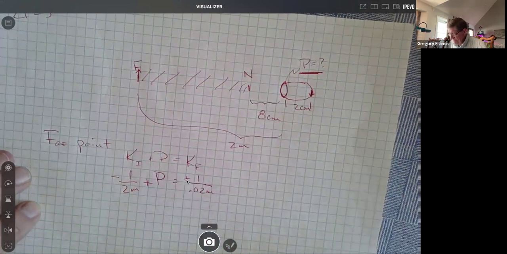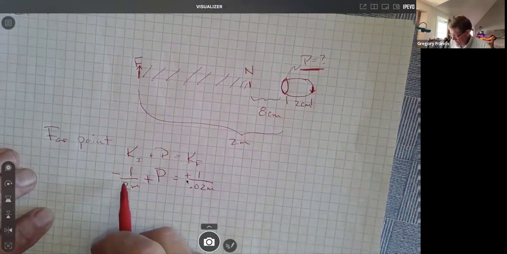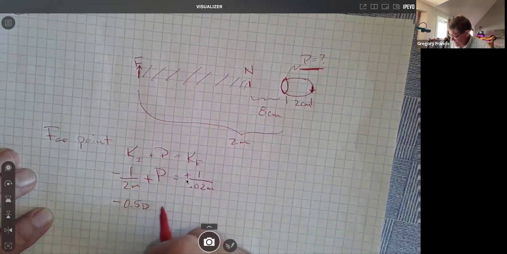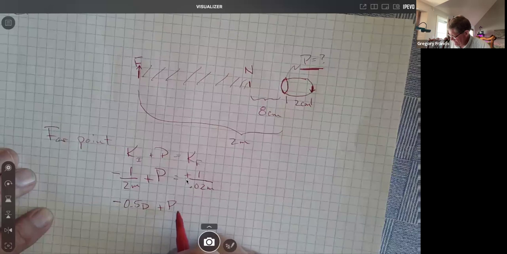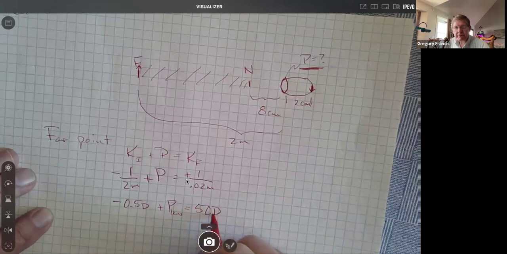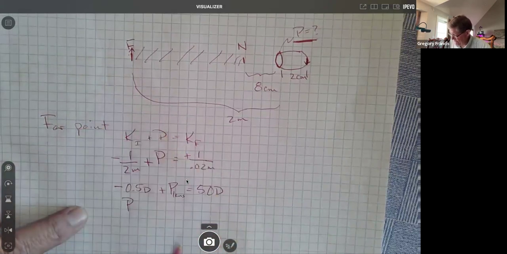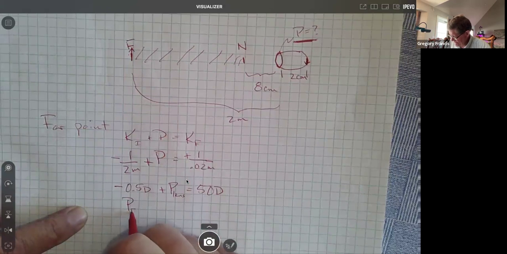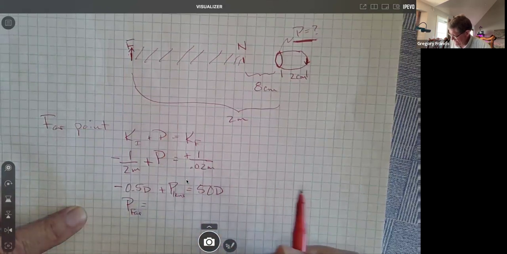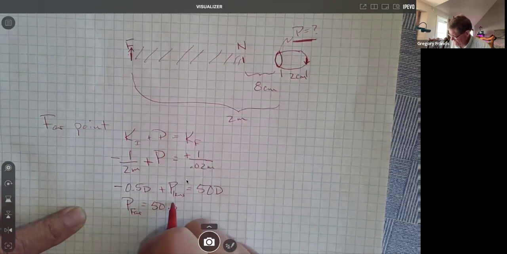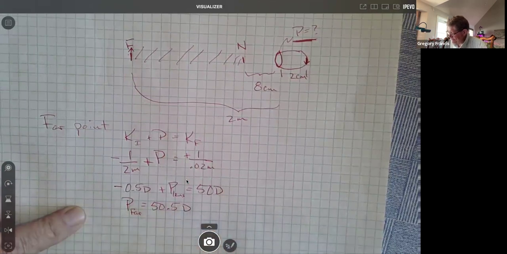And so if I solve for this, what I get is a negative half a diopter plus the power of the lens is equal to 50 diopters. So that means when she's looking at something at her far point, we'll call that power far, her lens has a power of 50.5 diopters.